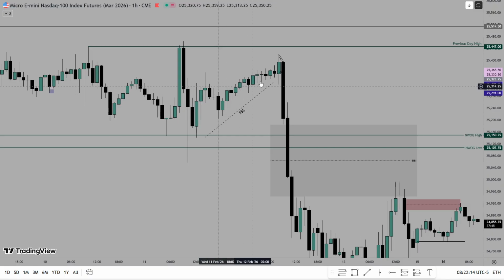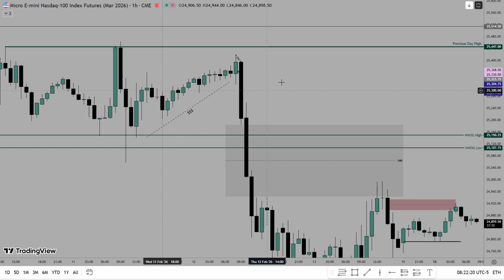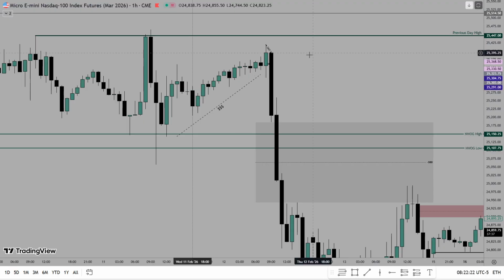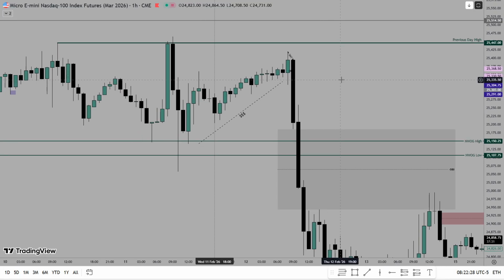What happened? This is the liquidity. Price created this pure liquidity right here. That is the reason behind my short entry. At 9 a.m., I formed SMT with ES, and the setup formed to clear on ES.